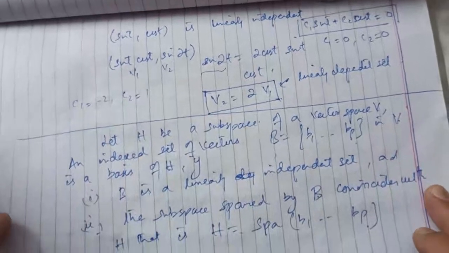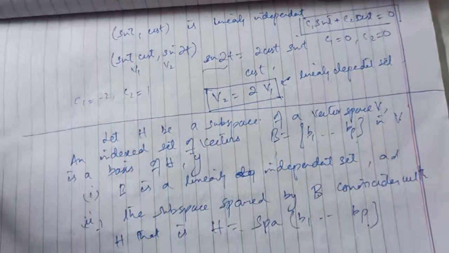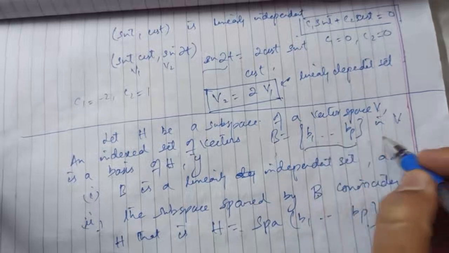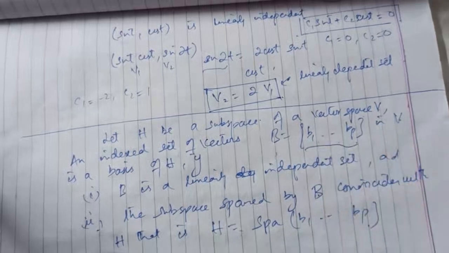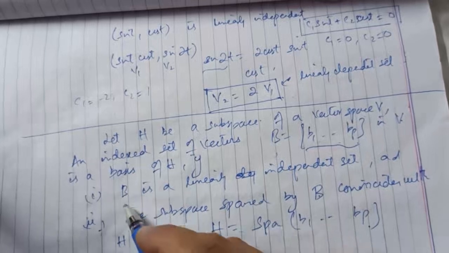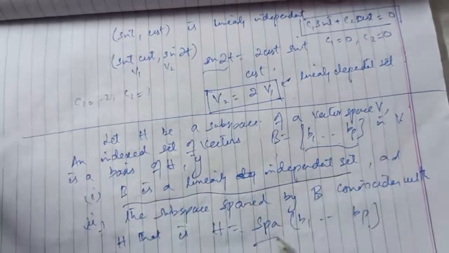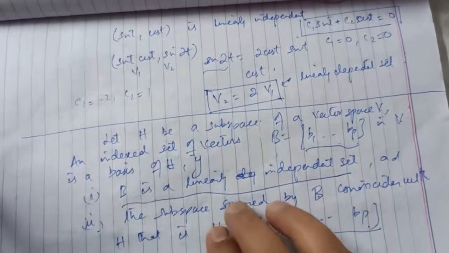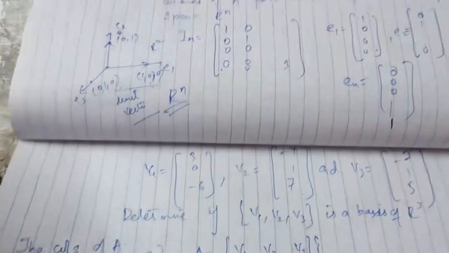Now from the perspective of a subspace: if H is a subspace of some vector space V, and B is an indexed set of vectors b1 to bp in V, then this set of vectors forms a basis of H if B is a linearly independent set and the span of b1 to bp is the subspace H. Now the question arises that one of the vectors might not be linearly independent.